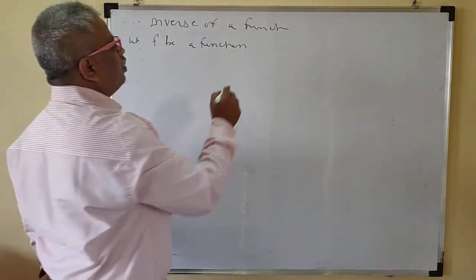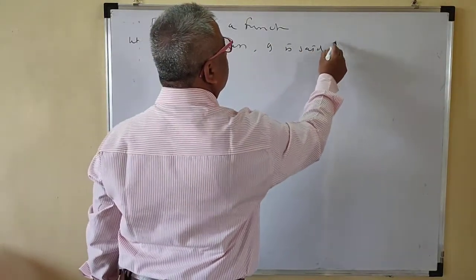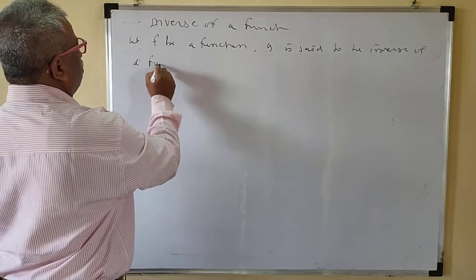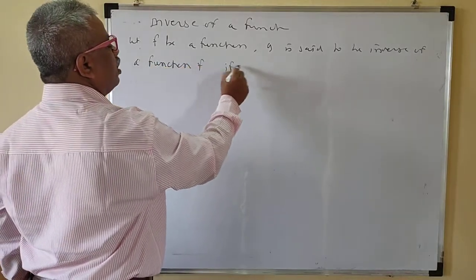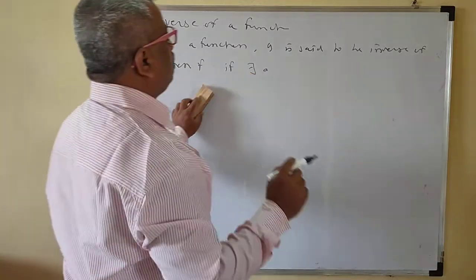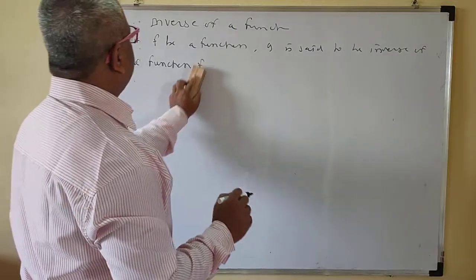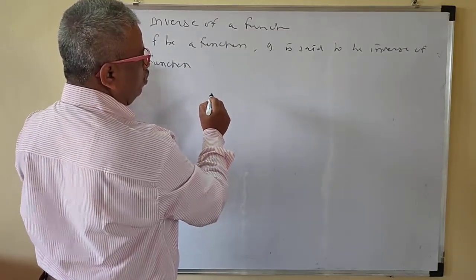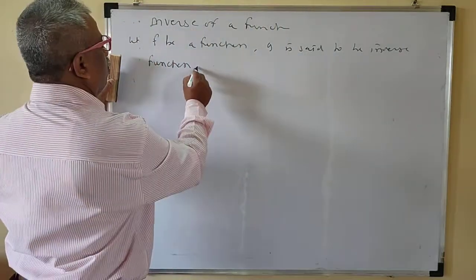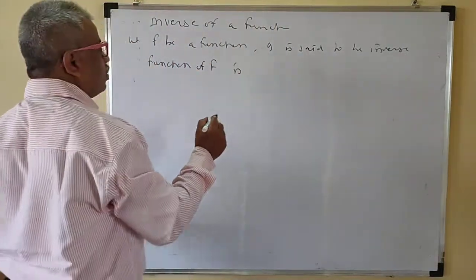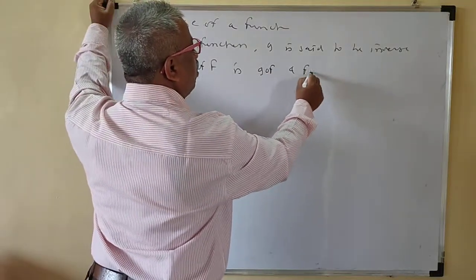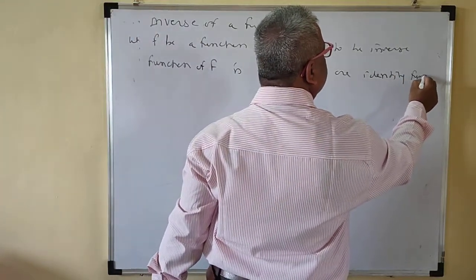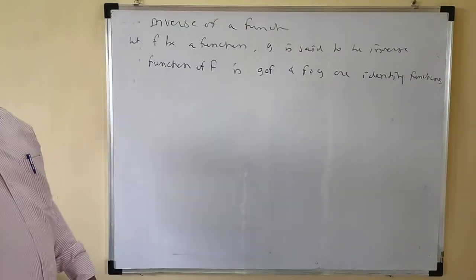G is said to be the inverse function of f if G compose f and f compose G are both identity functions.